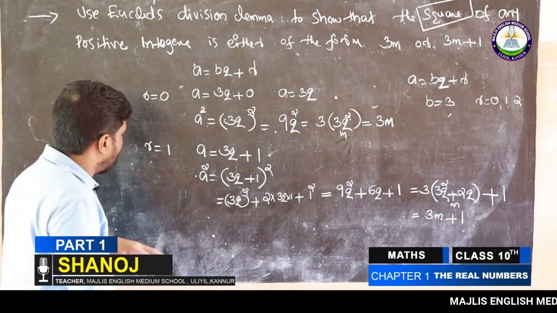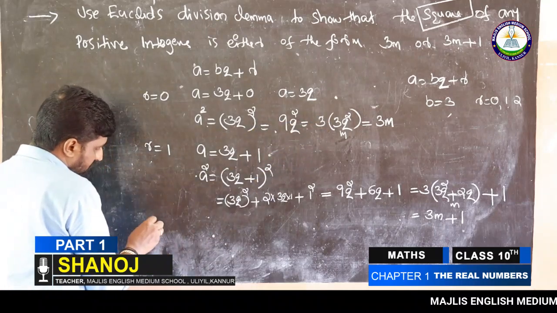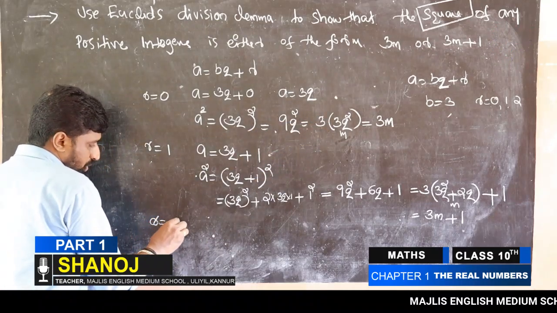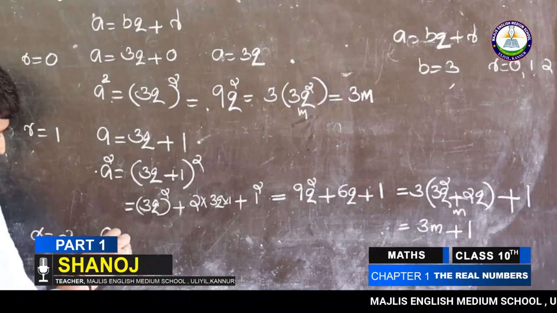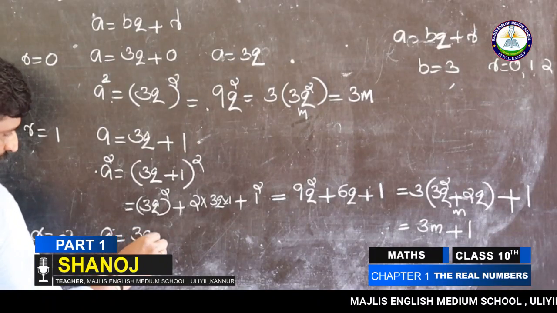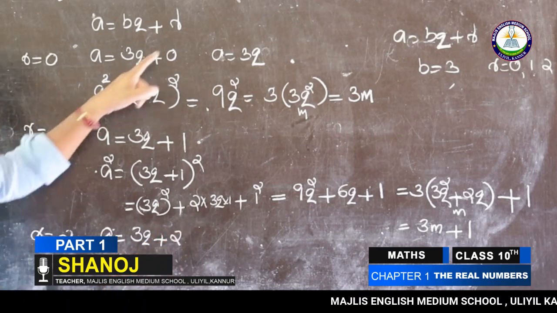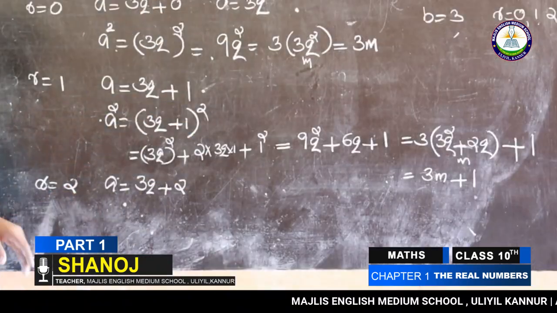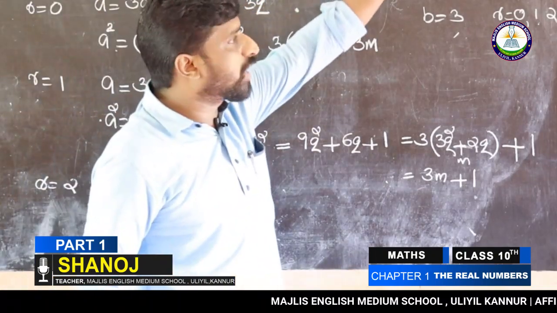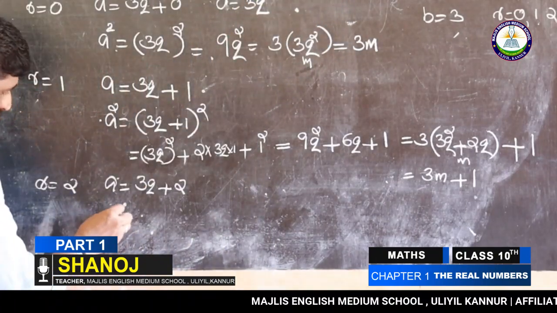Now one more is remaining, that is R equal to 2. R equal to 2 means A equal to 3Q plus 2. Because R becomes 2, this becomes A equal to 3Q plus 2. We need to find the square of that. We can take the square again.